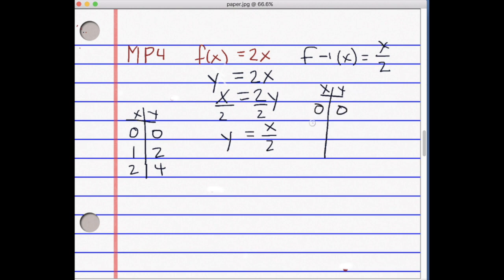If I pick 2 for x, y is 1. If I pick 4 for x, y is 2. So now you can see when you're trying to compare the two of them that the inverse function points are exactly the opposite. We're going to plug this into our calculator so you could see it reflect over x equals y.